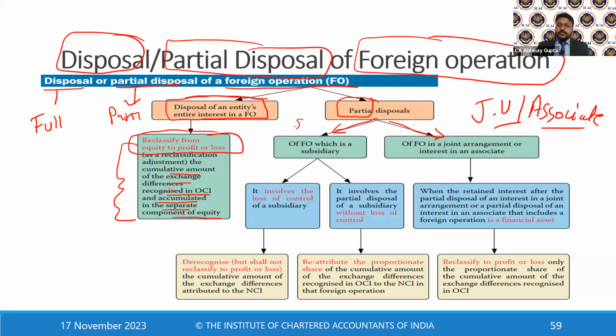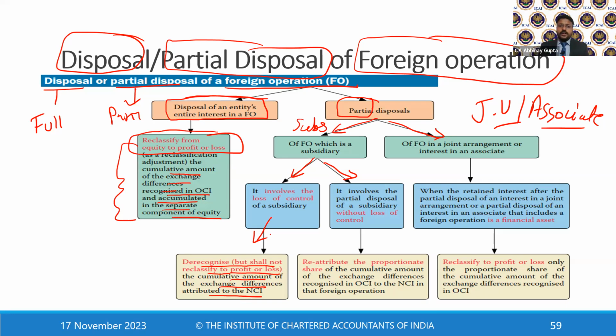So if it is a subsidiary, then it may involve loss of control, or it may not involve a loss of control. So if it is a loss of control, then de-recognize, but shall not reclassify to the P&L, the cumulative amount of the exchange difference attributed to the NCI, non-controlling interest.